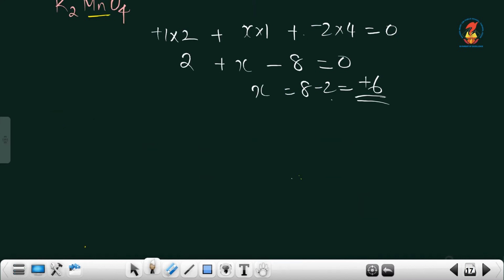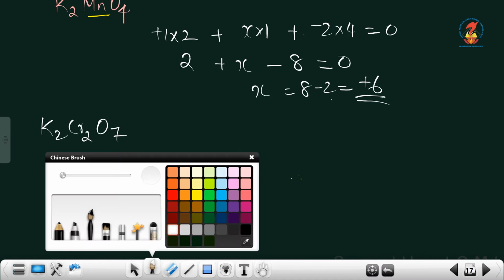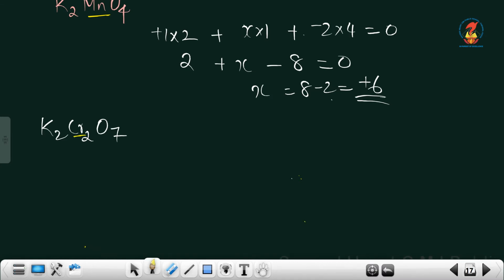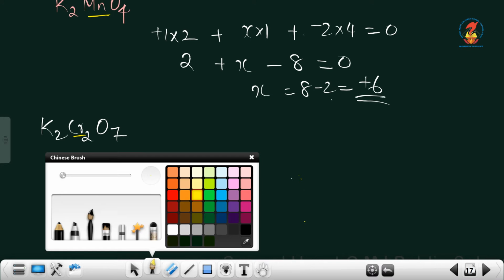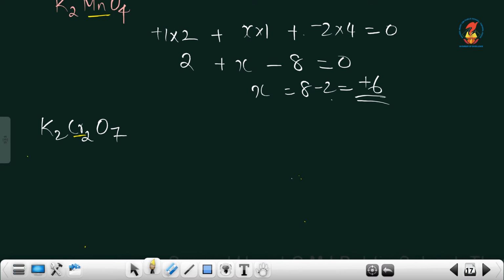Now the next one is K2Cr2O7 and the underlined element is chromium. So we know potassium is a group 1 element, so potassium is plus 1, oxygen we know is minus 2, chromium we can take as x. So plus 1 into 2 plus x into 2 plus minus 2 into 7 equal to 0.